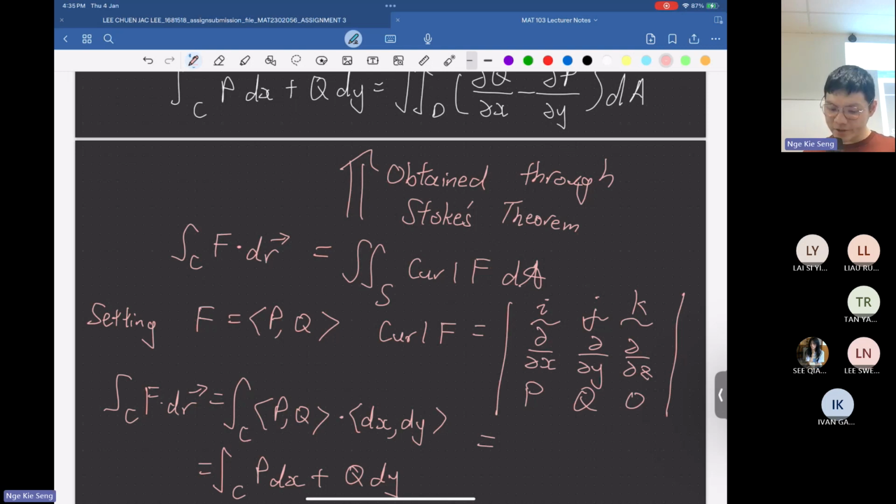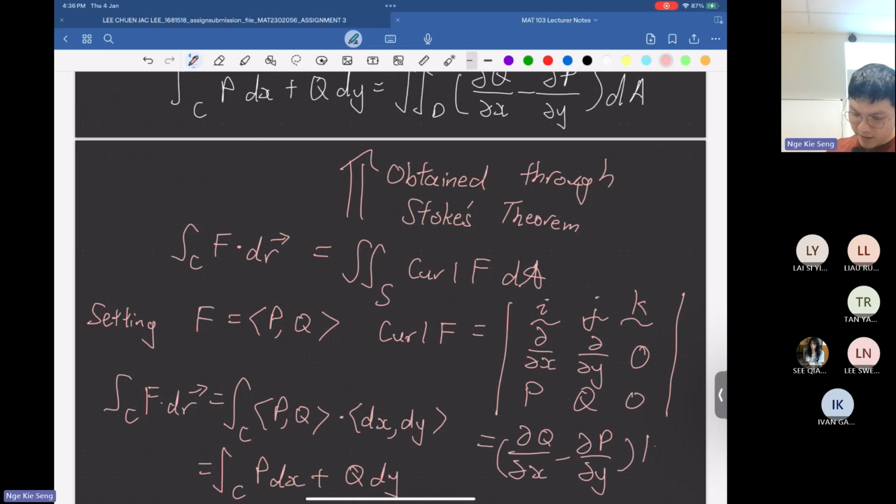So the z derivatives should be 0 also, because there's no change in z. So in this case, the only term that survives is del Q over del x minus del P over del y, in the k direction.